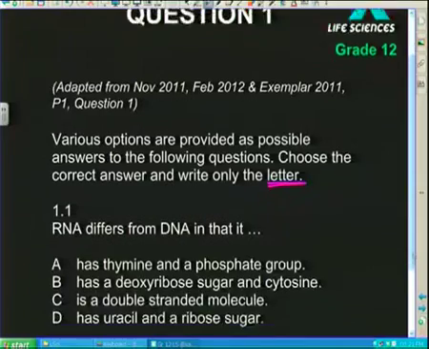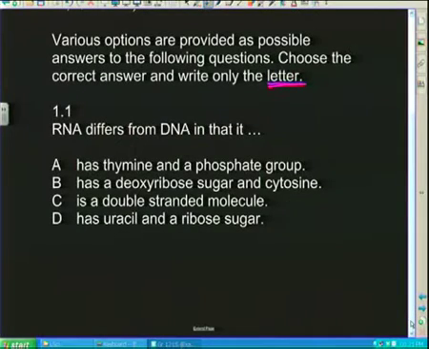If we look at the question, when you get the RNA and the DNA, what I would suggest that you do before you answer the paper is to quickly write RNA and DNA at the top of your paper, and that we're going to find C and G, cytosine and guanine.